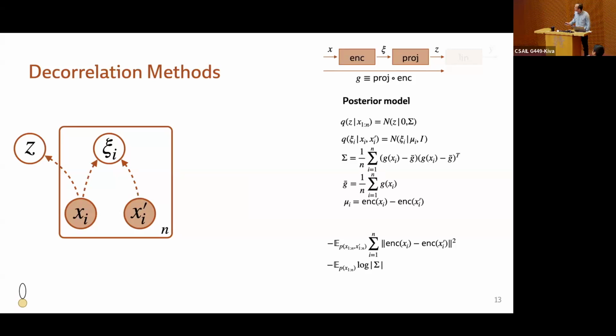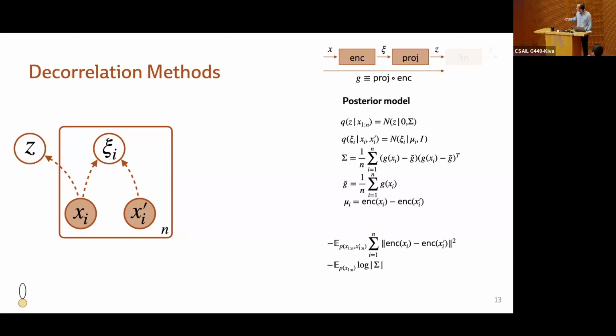Here what we do is define the variational distribution to infer the values for the latent variables. We see here that the posterior for Z, given all our images, is defined by a Gaussian, which has mean 0, and then a covariance matrix that is defined in this way, which is just the sample covariance.